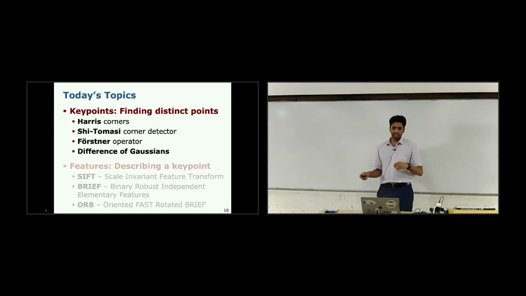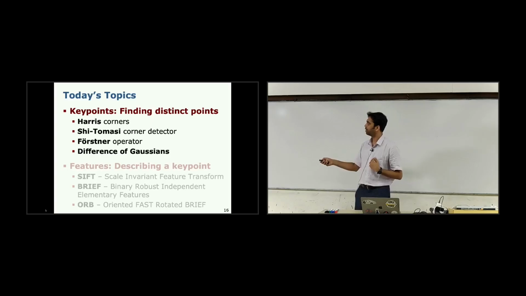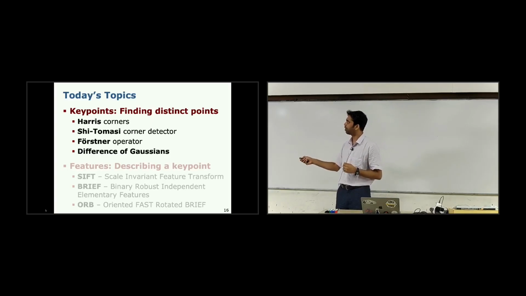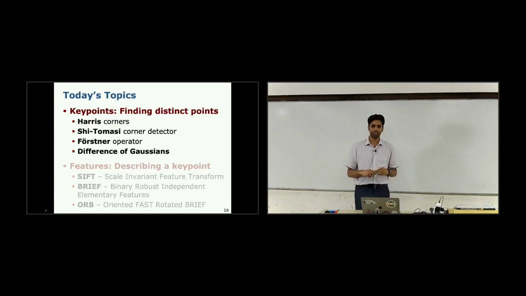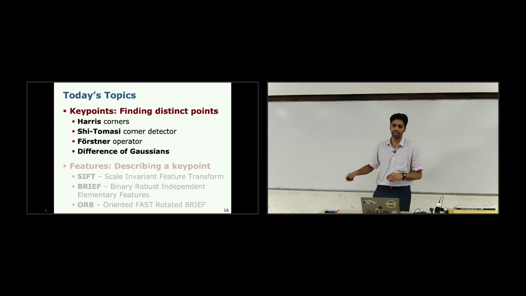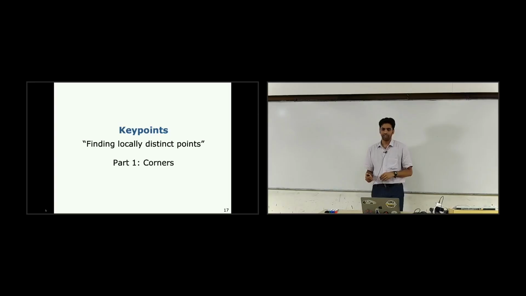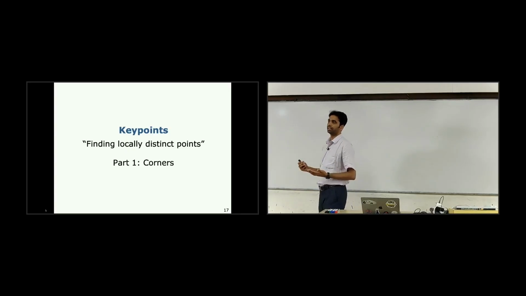So in today's content, we'll look at these four features: Harris corners, Shi-Tomasi corners, Forstner operators, and difference of Gaussians. And later on, we'll look at some descriptors. So first the question is, why at all are we interested in corners?